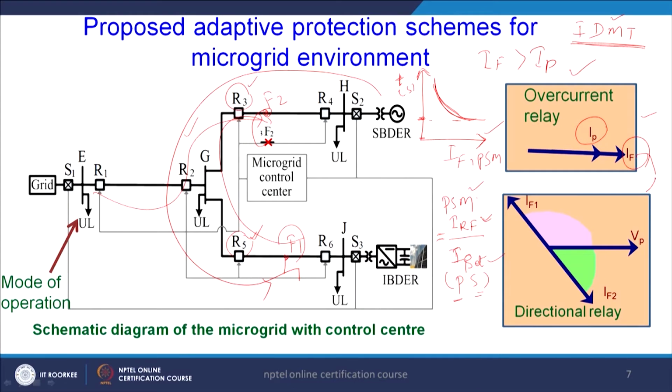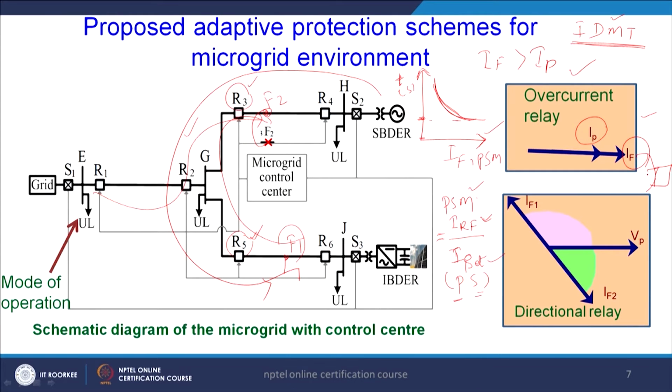We only disconnect the faulty sections. That is why the directional relay is preferable in a distribution network where renewables are penetrated, along with the overcurrent relaying principles. We have to use them together, so the overcurrent relay and directional relay will operate like an AND operation.